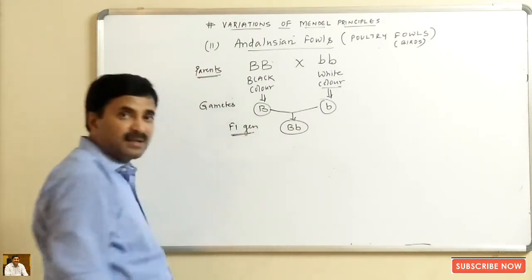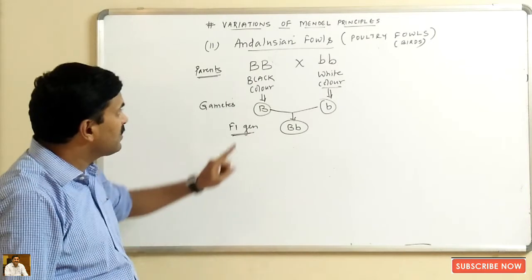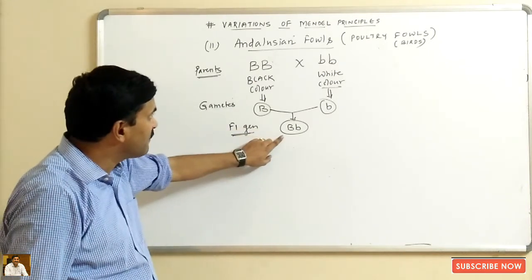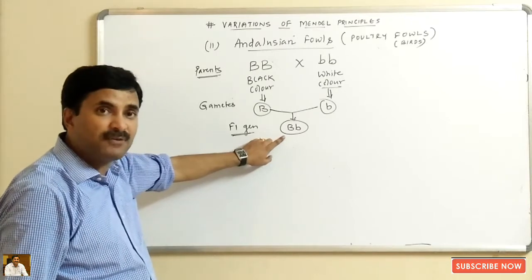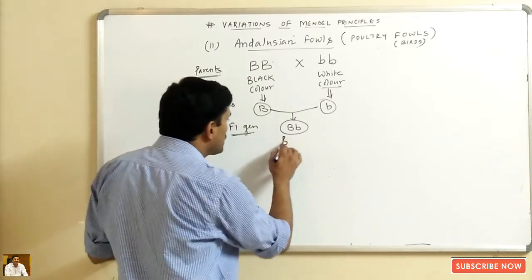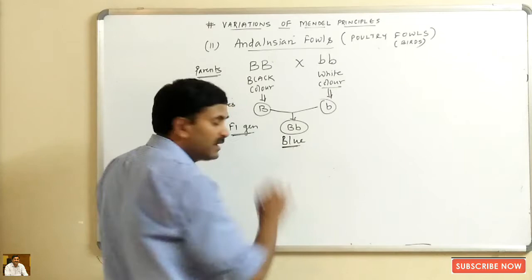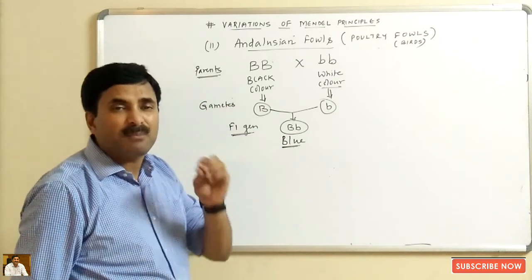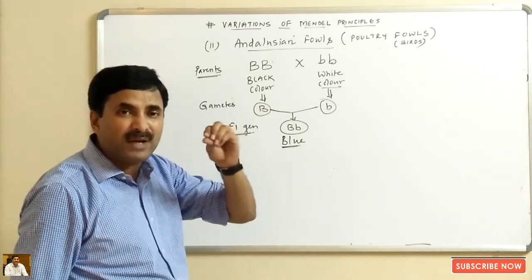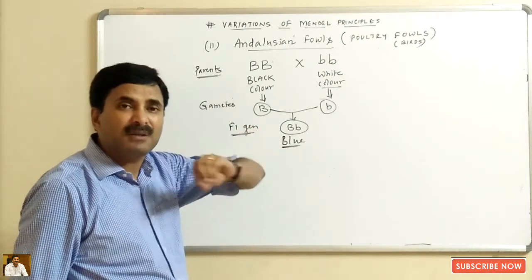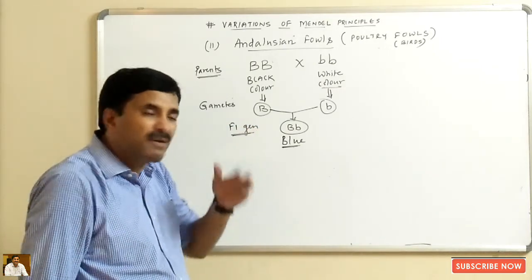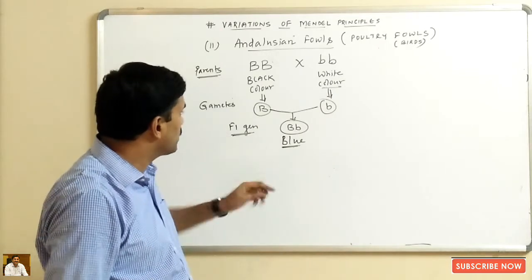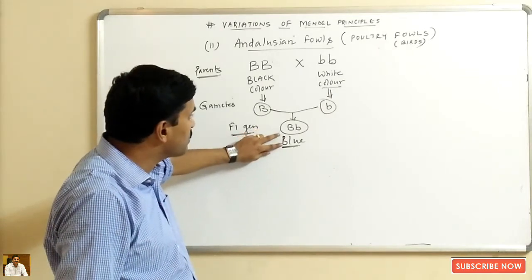If Mendel was correct, then in the F1 generation we must have got the black color, but instead of the black color, which color did we get? That is the blue color. It was not purely blue, but the feathers of the fowls had stripes of black and white in alternate fashion, so it seemed to be blue. So in the F1 generation we got blue color.